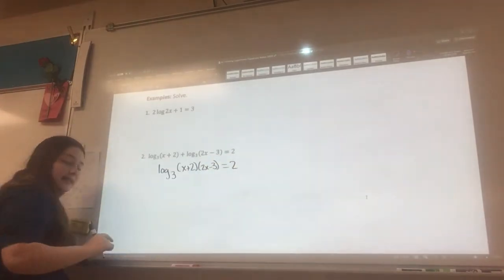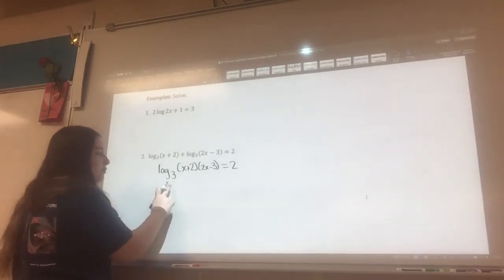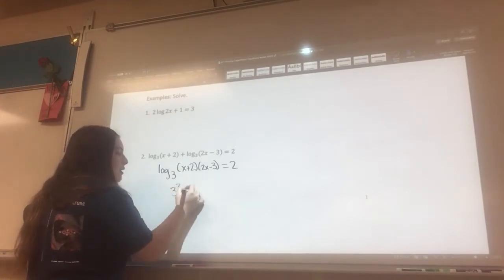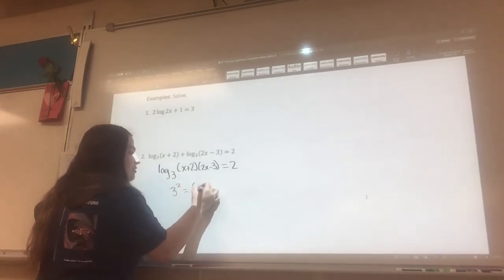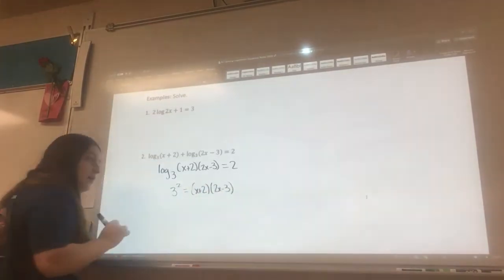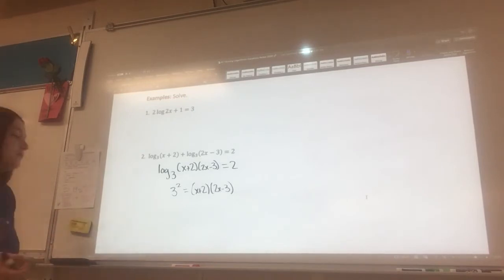Well, the log is isolated, so we're good to go. I can now manipulate this into exponential form. I have a base 3, which will be squared. It's going to equal x plus 2 times 2x minus 3. All right, so all you have to do now is simplify and then start solving for x.